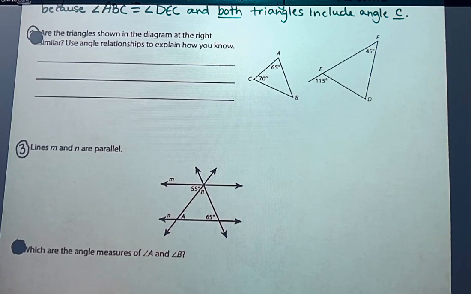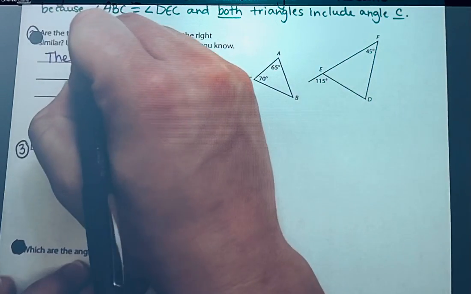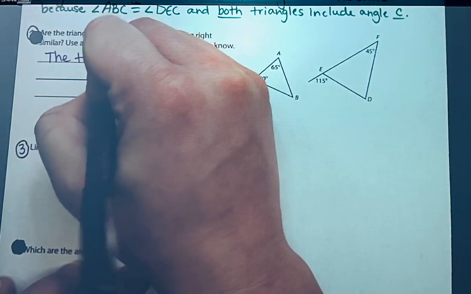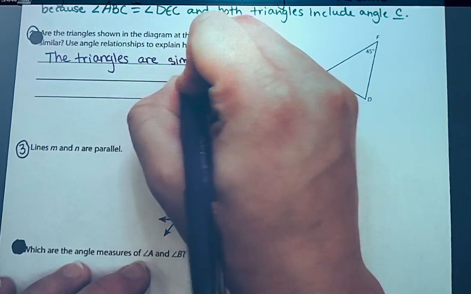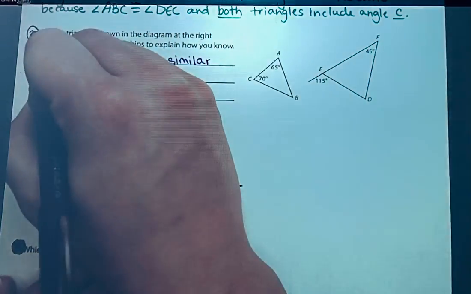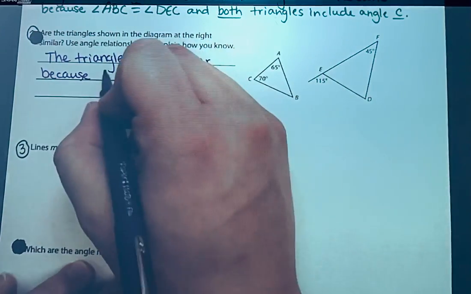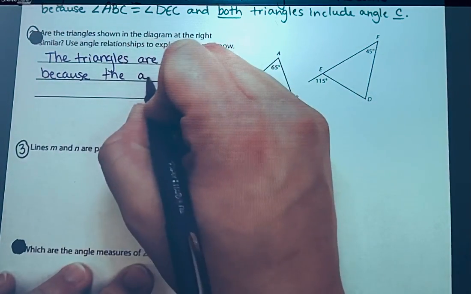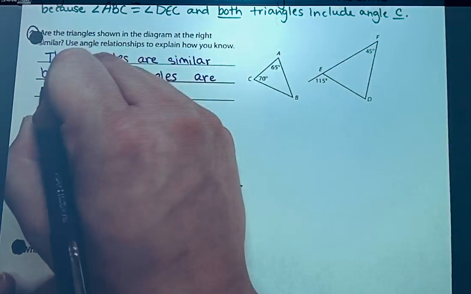So we're going to go ahead and write a statement saying the triangles are similar because the angles are the same.